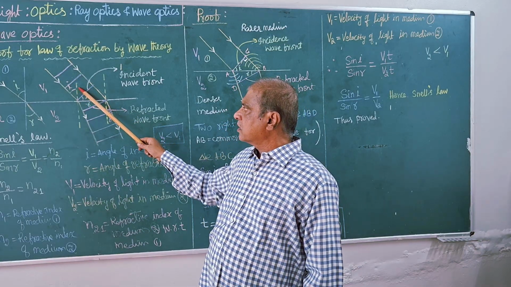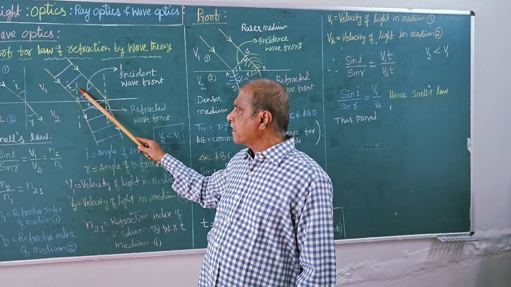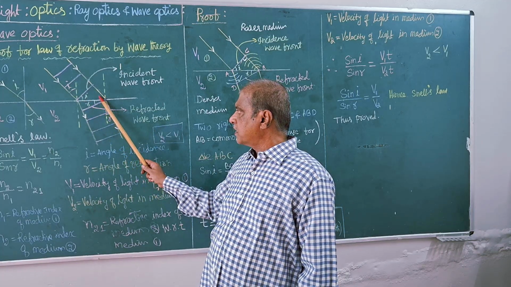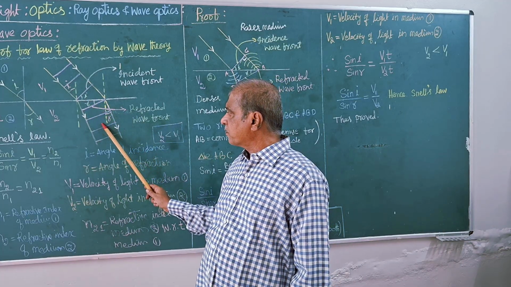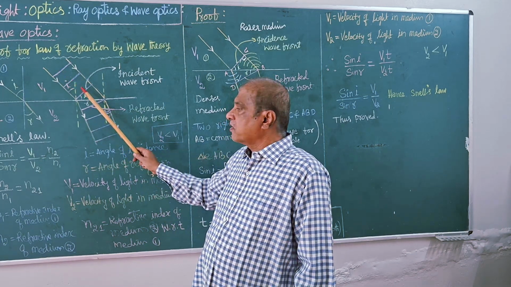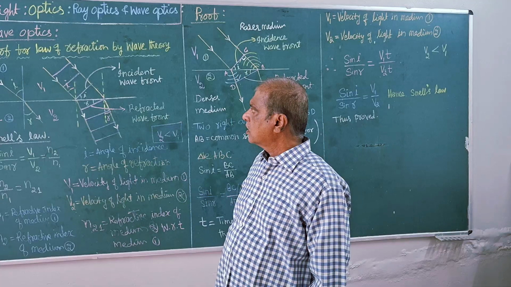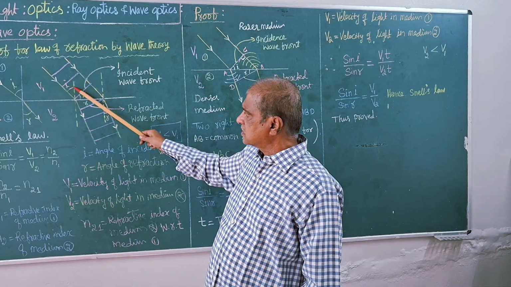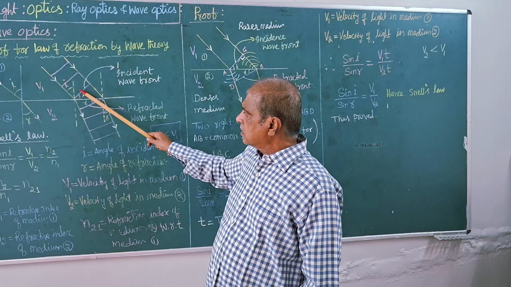This is the geometry before incidence, and this is the geometry after refraction, that is, passing from one medium to the other medium: the refracted wavefront and the incident wavefront. This series of wavefronts is traveling like this at this angle alignment.